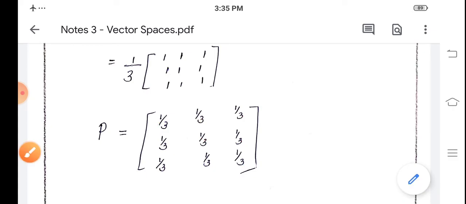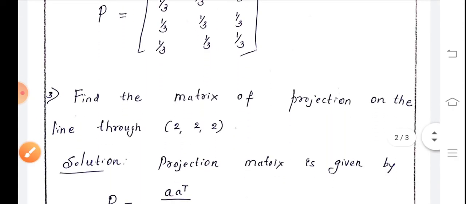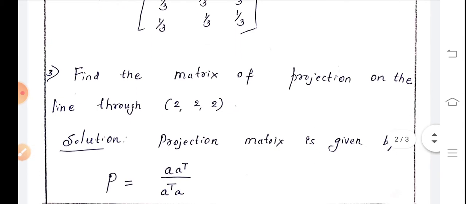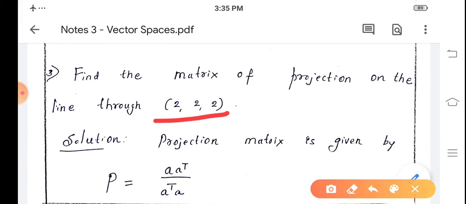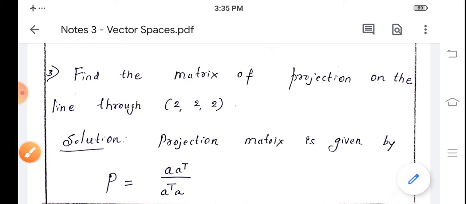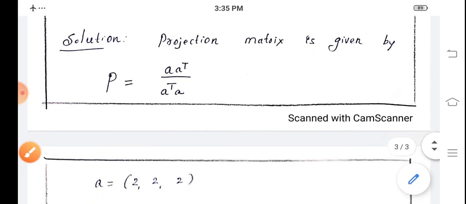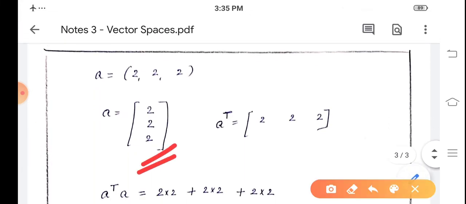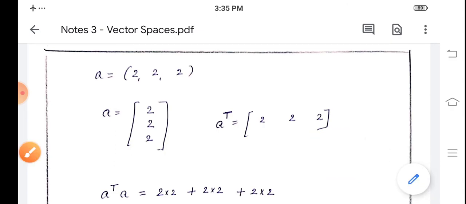We will work out the third problem, that is find the matrix of projection on the line through 2, 2, 2. Here the given vector A is column vector 2, 2, 2. Then we write A transpose as row vector 2, 2, 2.